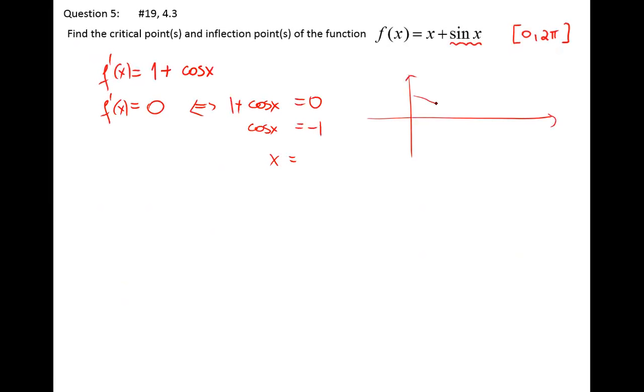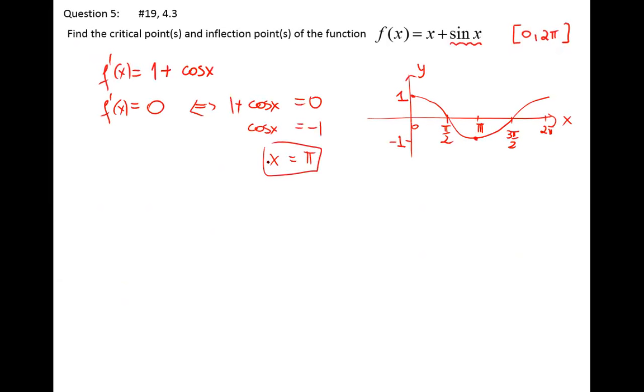I can draw the cosine curve because it's worth knowing. That's pi over 2, that's 3 pi over 2, that's pi, and that's 2 pi. That means we can see 1, -1. Cosine is -1 at pi.